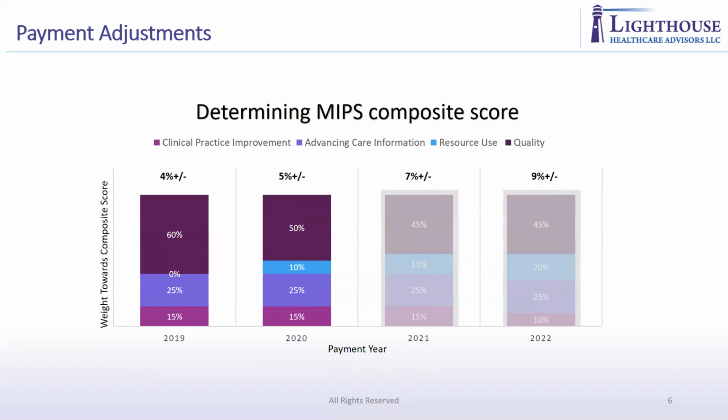We don't know exactly what the composite score distribution is going to be in 2021 and 2022, but we know that there will be an up to 7% and then up to 9% payment adjustment for those scores. We can predict that resource use is going to continue to increase because Medicare is very adamant about saving money. And we can only predict that, though. It's subject to change at any time.